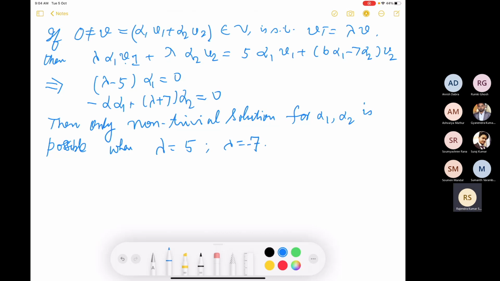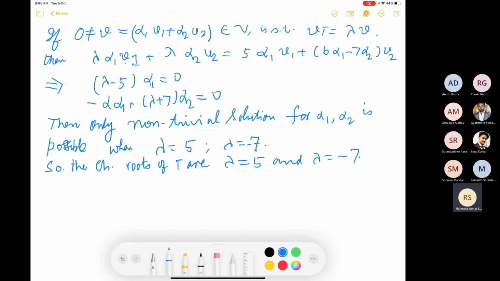So the characteristic roots of T are lambda equal to 5 and lambda equal to minus 7.